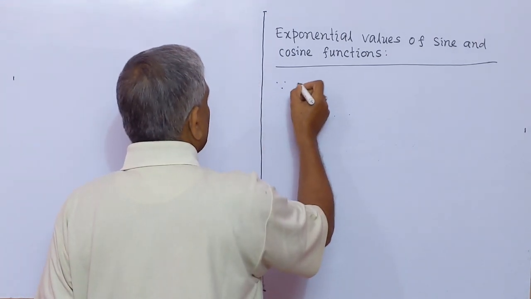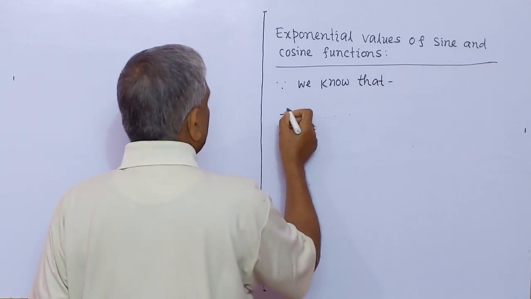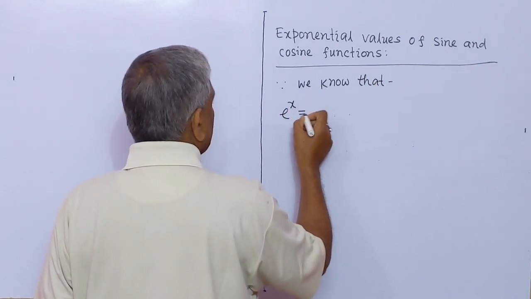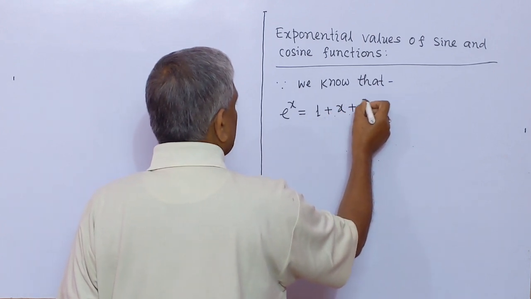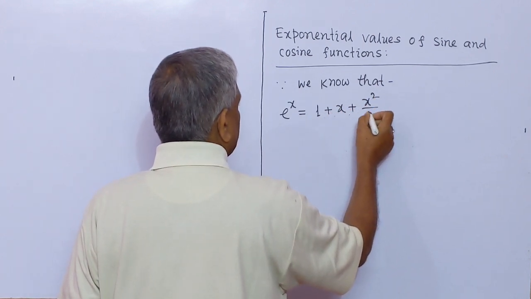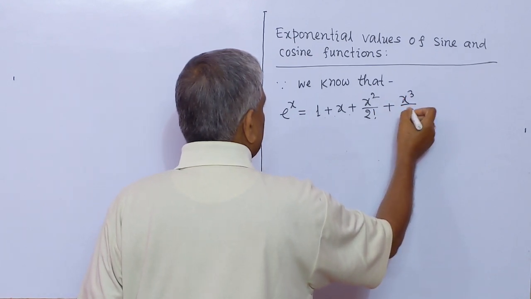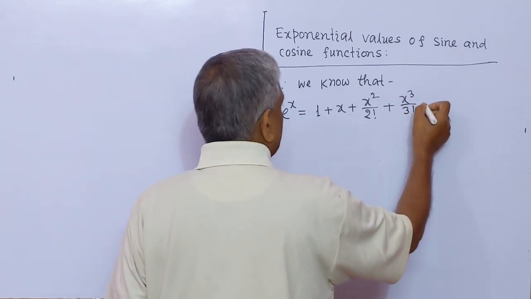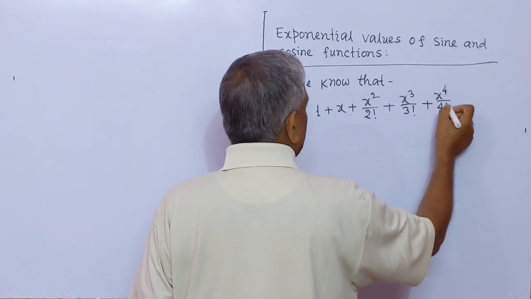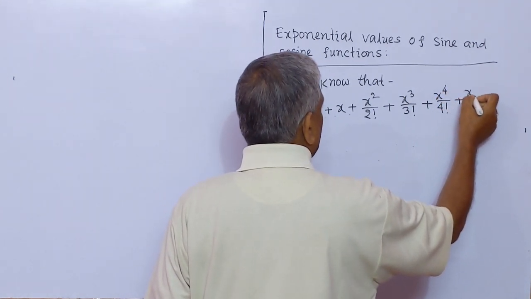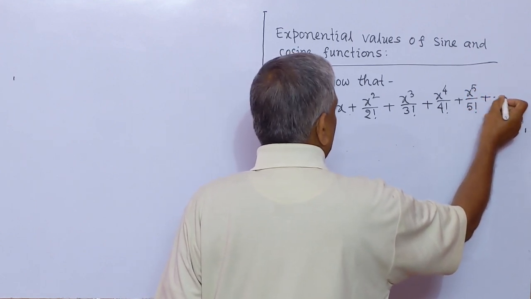Since we know that e to the power x equal to 1 plus x square by factorial 2 plus x cube by factorial 3 plus x to the power 4 by factorial 4 plus x to the power 5 by factorial 5 plus dot dot dot dot.